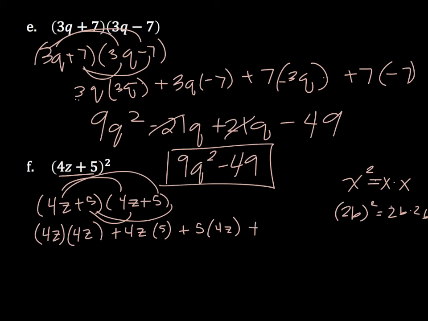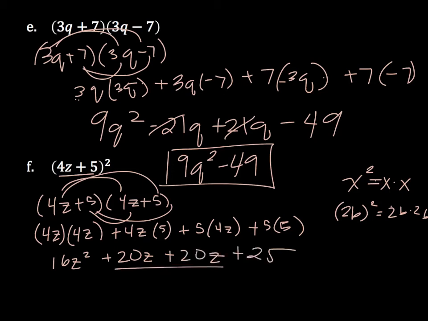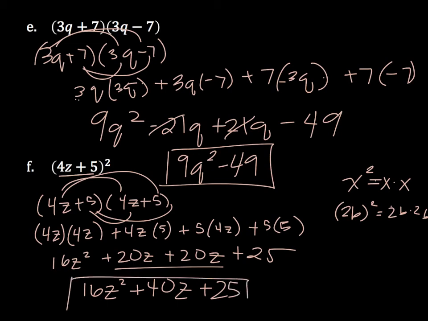Last, plus 5 times 5. Multiply: 16z squared plus 20z plus 20z plus 25. Combine your like terms: plus 40z plus 25.